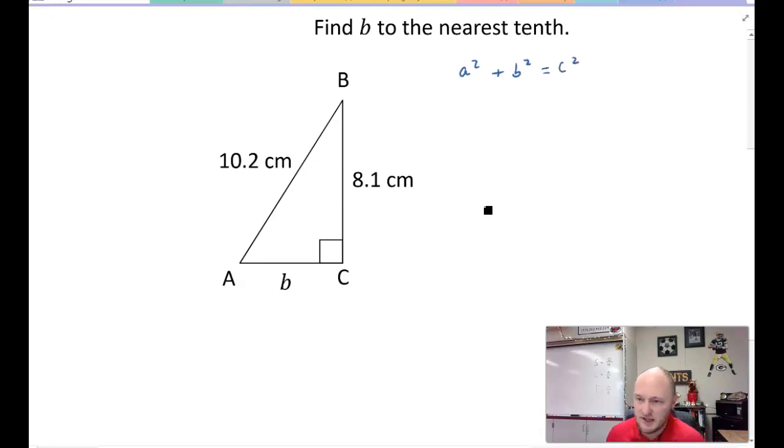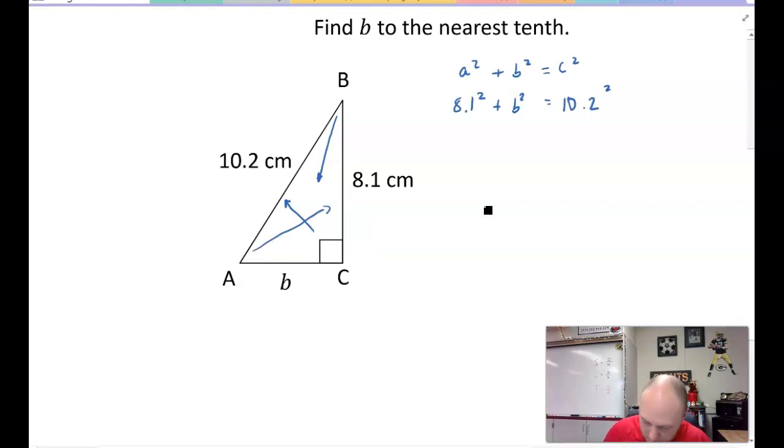Just a reminder, again, side C across from angle C is the hypotenuse. So this is 10.2 squared. Side B, that's what I want to find out, b squared. And then side A, that's across from A, this is 8.1 squared.